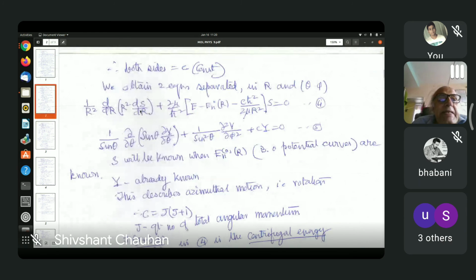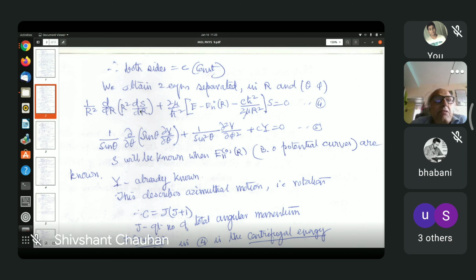And the angular part has solutions we know already as spherical harmonics. So with spherical harmonics, this constant automatically becomes, as we have derived, J(J+1), and J is the rotational quantum number. Just like in atoms, this constant was L(L+1), where L is the azimuthal quantum number.